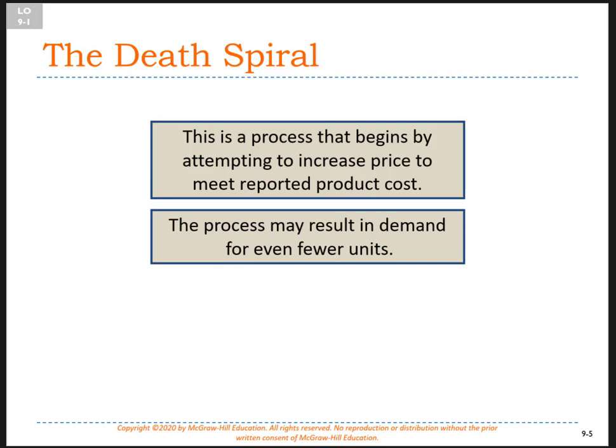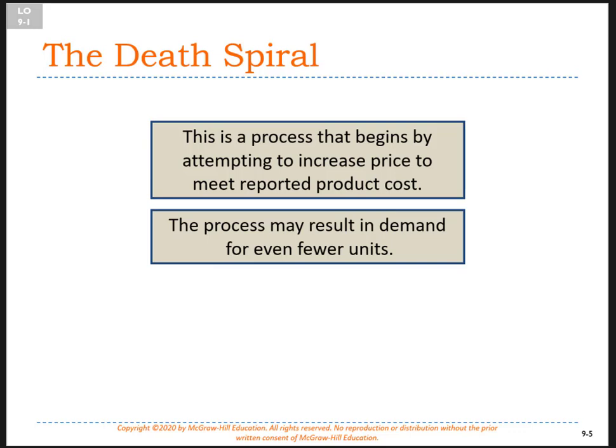Because now if we reduce our production, that will actually increase our fixed cost per unit. And we just keep going the wrong direction, having fewer and fewer units covering the same overhead, because the fixed overhead doesn't really go away.